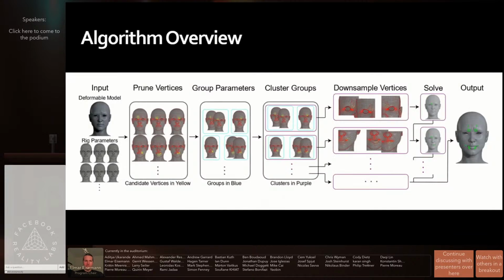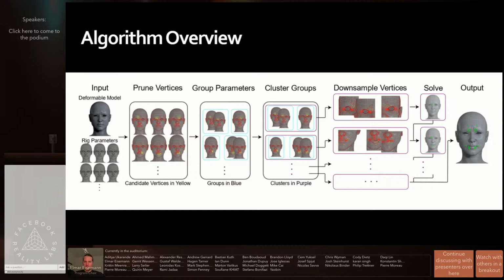Current high-end faces can have over 100,000 vertices and hundreds of controls. We reduce the layout mapping complexity by pruning static, hidden, or undesirable mesh vertices, then grouping controls of similar regional influence, and further clustering these controls based on their spatial independence.